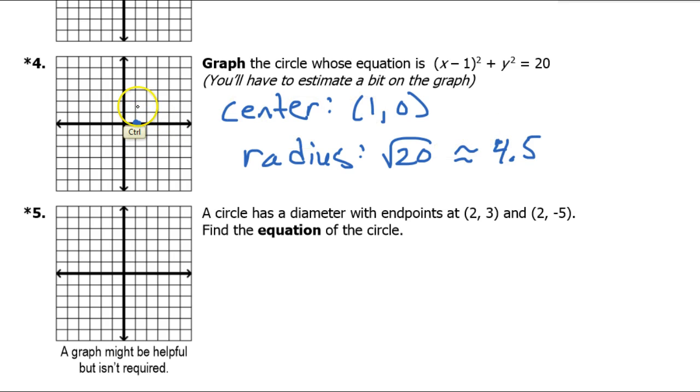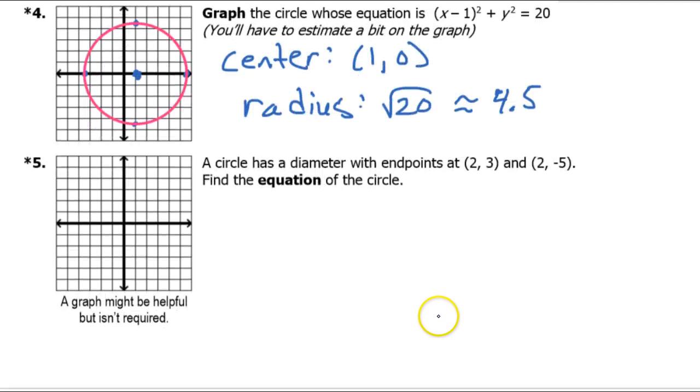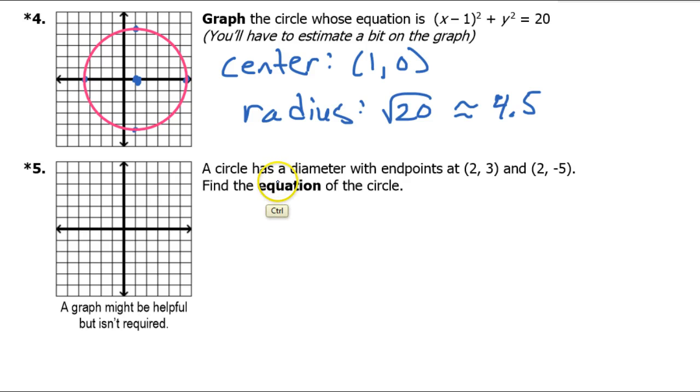So I'm going to go up 4.5 and down 4.5 and right 4.5 and left 4.5. So that's number 4.